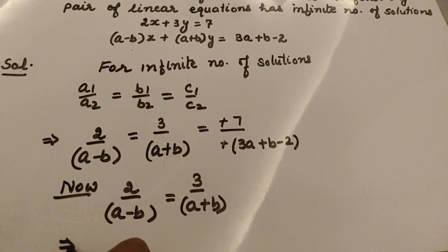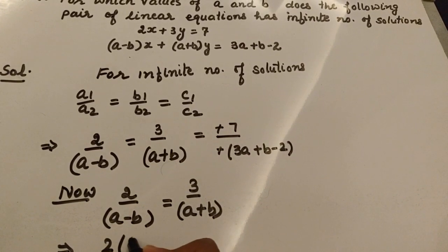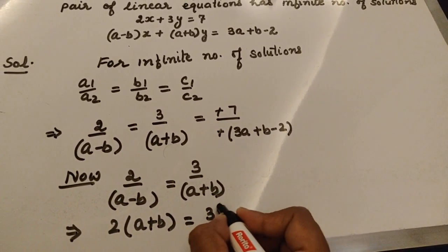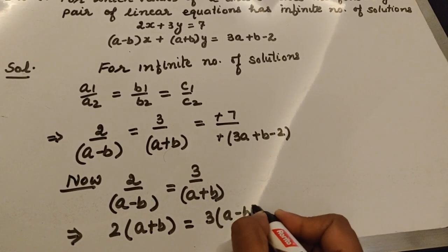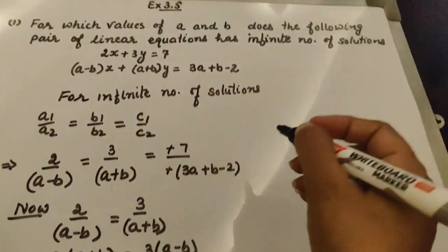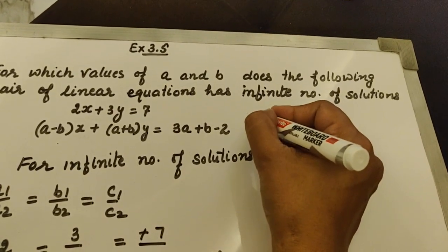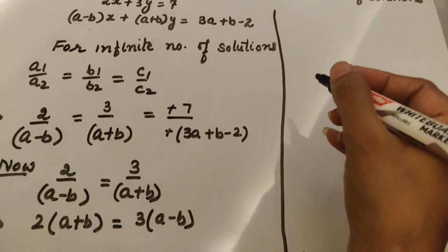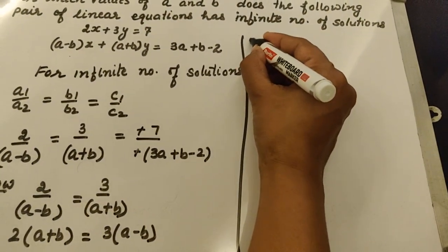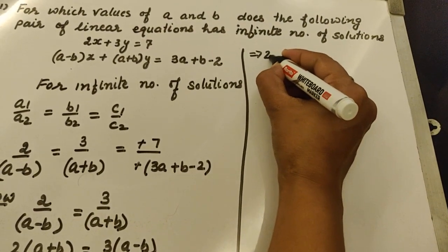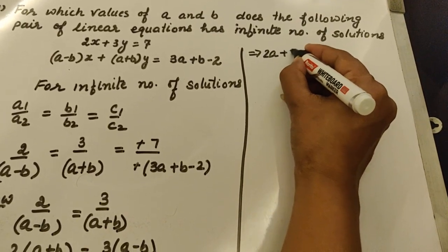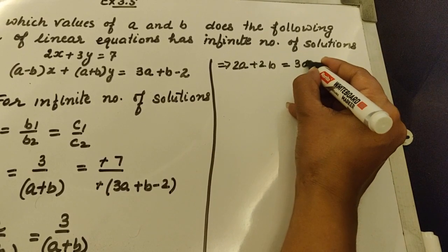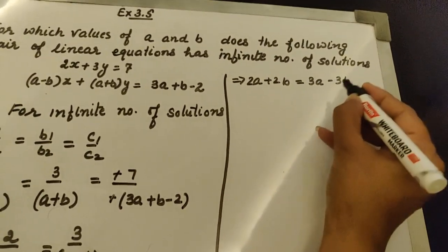This implies 2 into (A plus B) is equal to 3 into (A minus B). Cross multiplication. Now after this you will be getting 2A plus 2B is equal to 3A minus 3B.